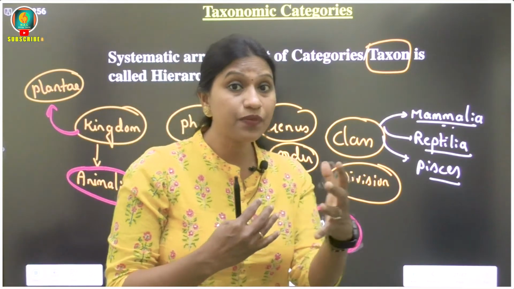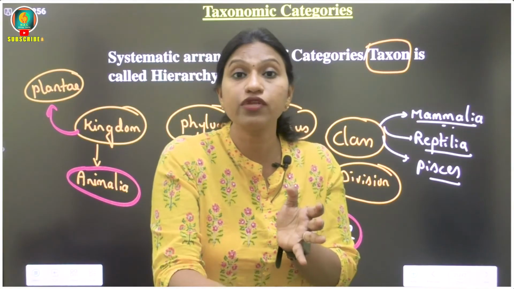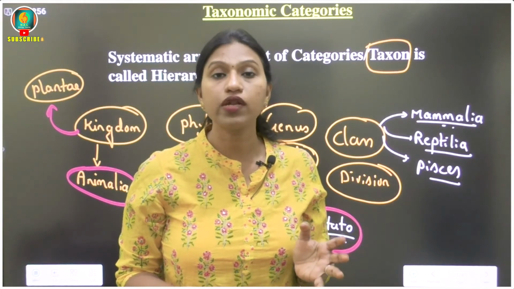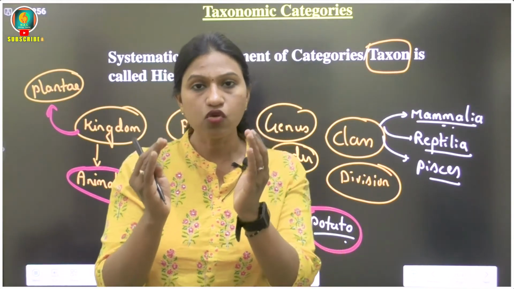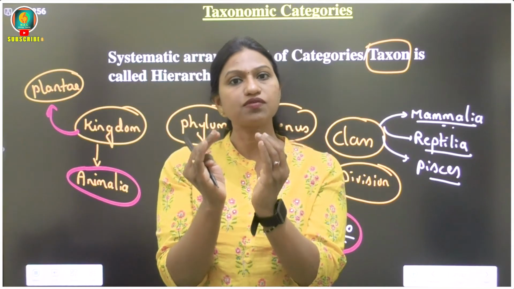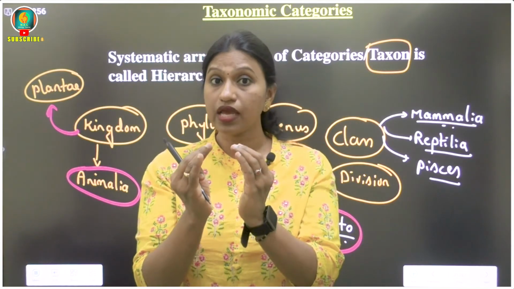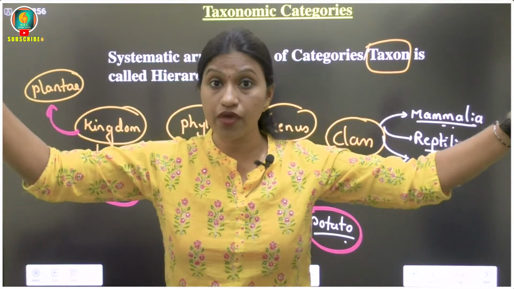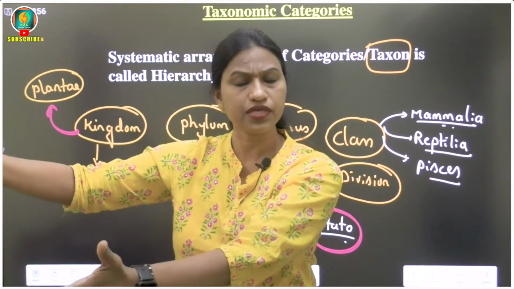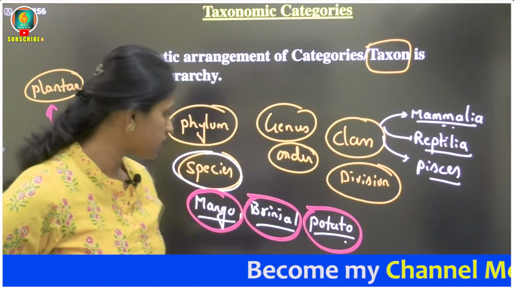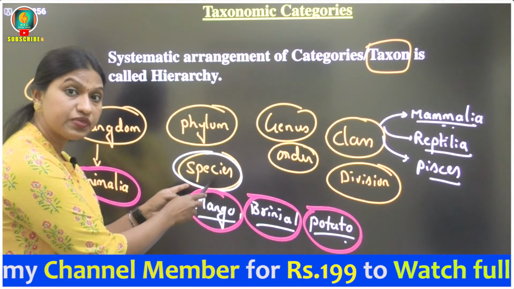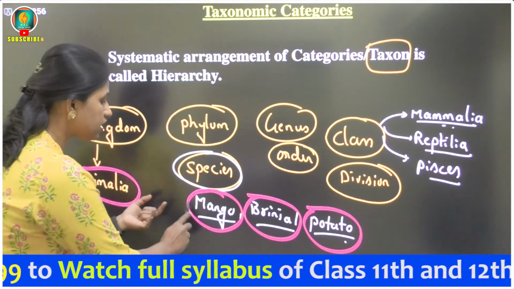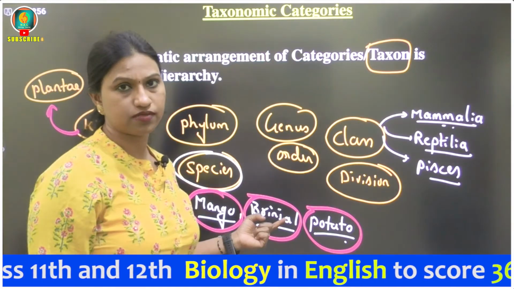So when they interbreed, they could give rise to a fertile offspring. We call it as what? Species. So a taxon can be as small as a species, or it can be as big as a kingdom where a large number of organisms can be placed. For example, see, why am I considering species as a very small unit? Because if I say mango, mango is the only species.